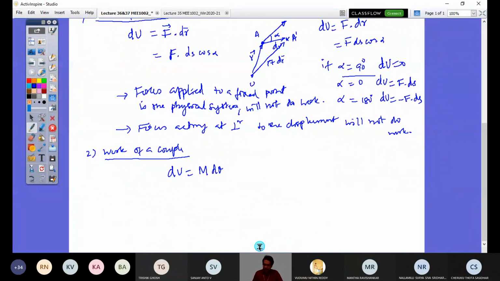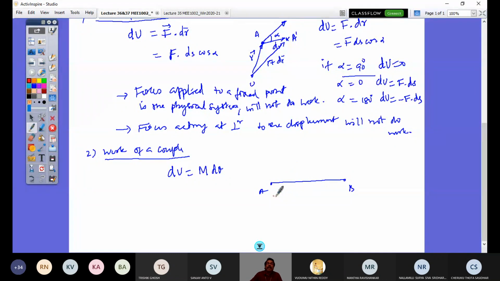Do you want more elaboration on that? We can have it like this. You have a rigid body represented by a line AB, and this is now acted upon by a couple. So how do I represent a couple?